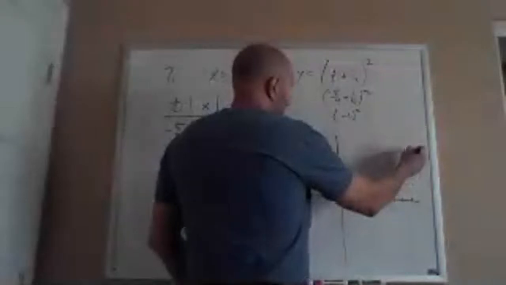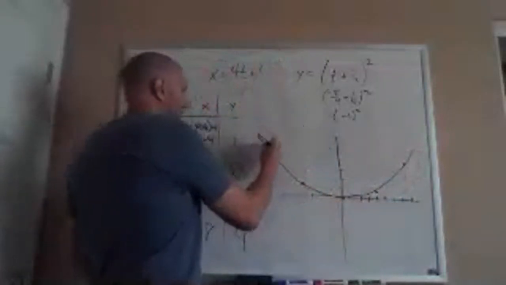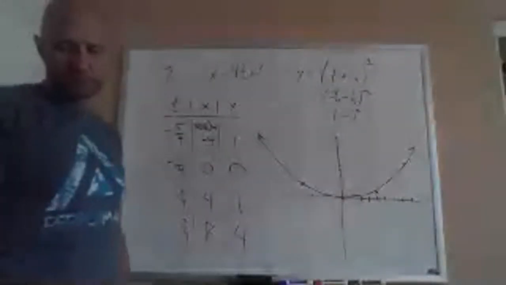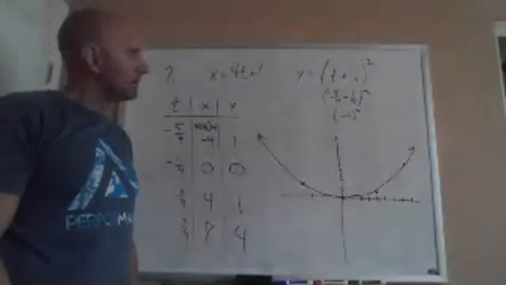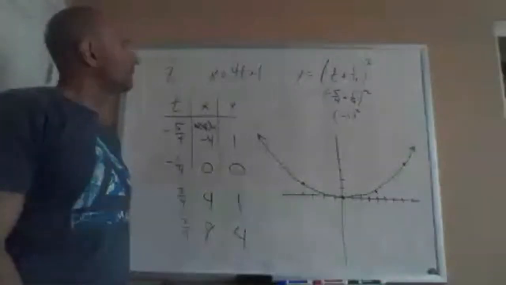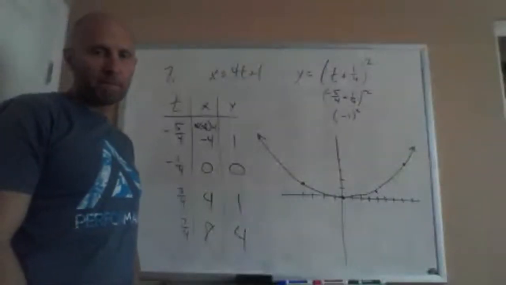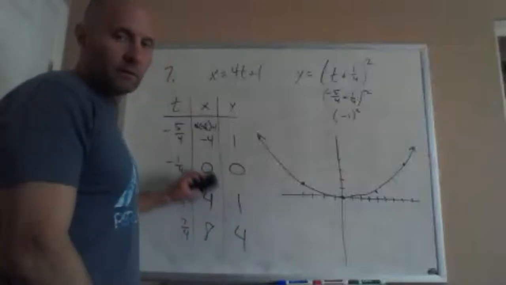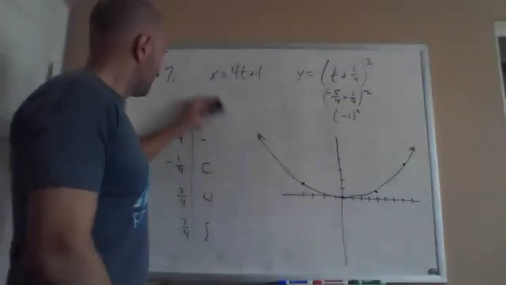So what I get here, even though I've only drawn 4 points, is I get a giant parabola. Any questions on that? We still need to convert it.